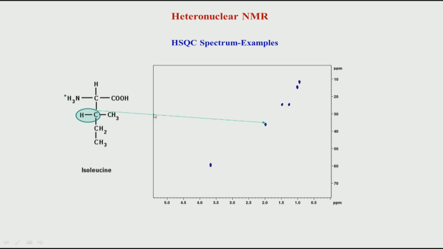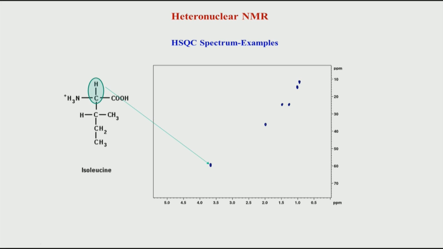So, this one has to be this peak, okay, that is the beta carbon of isoleucine, and the alpha carbon, this is an alpha amino acid, so this carbon is denoted as alpha, it has a peak which is coming here at this position, this is the downfield shift. So, this is how we can interpret or analyze the HSQC spectrum of molecules.